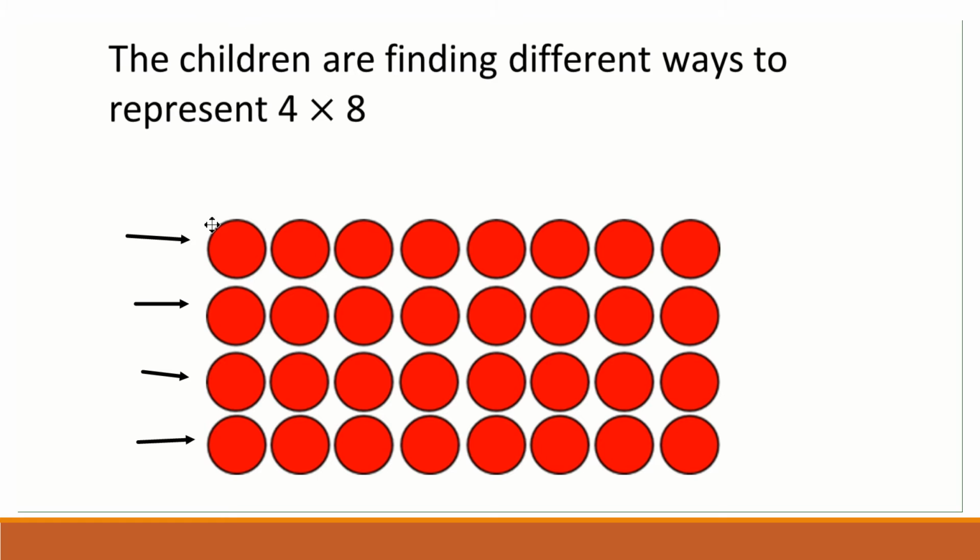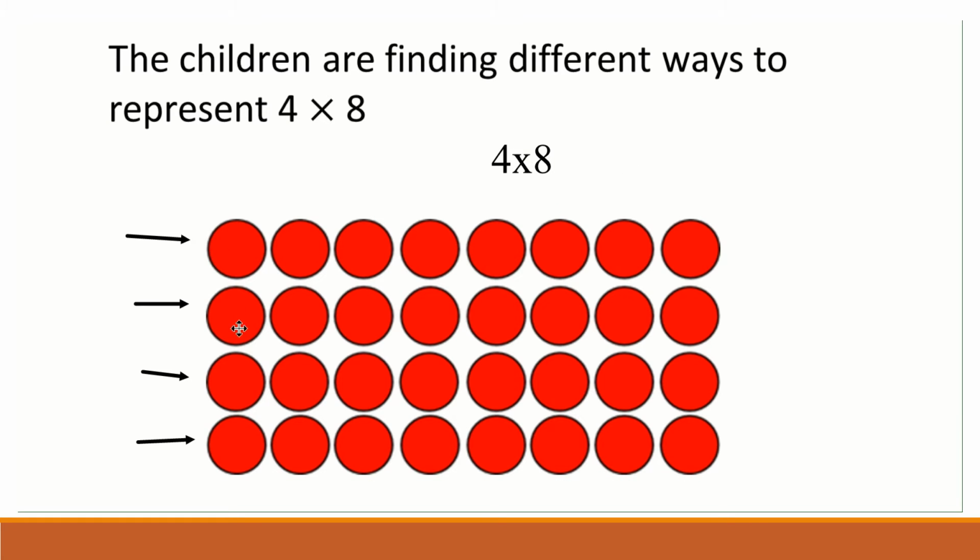And there are, let's see, 1, 2, 3, 4, 5, 6, 7, 8 in each row. So we could write 4 times 8. And how many are there all together?